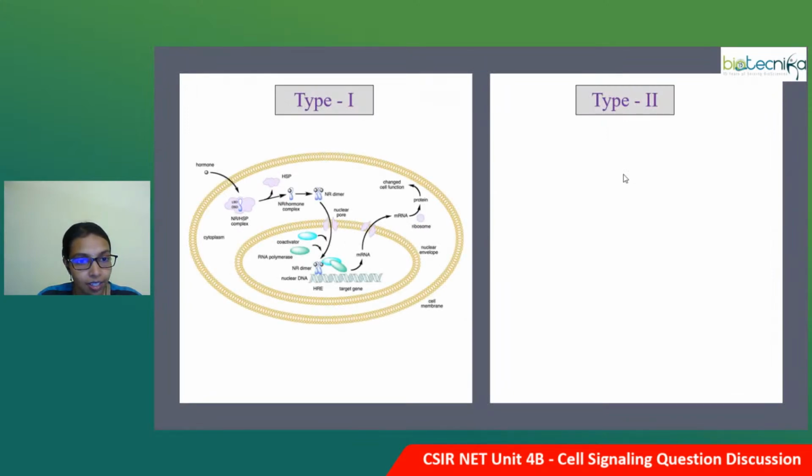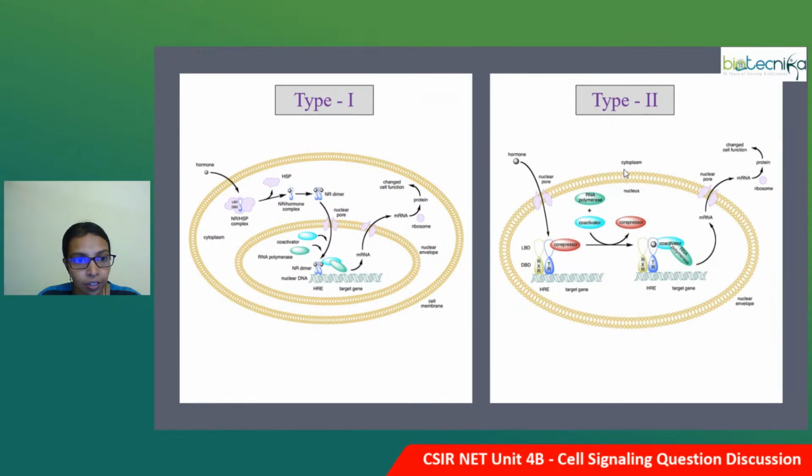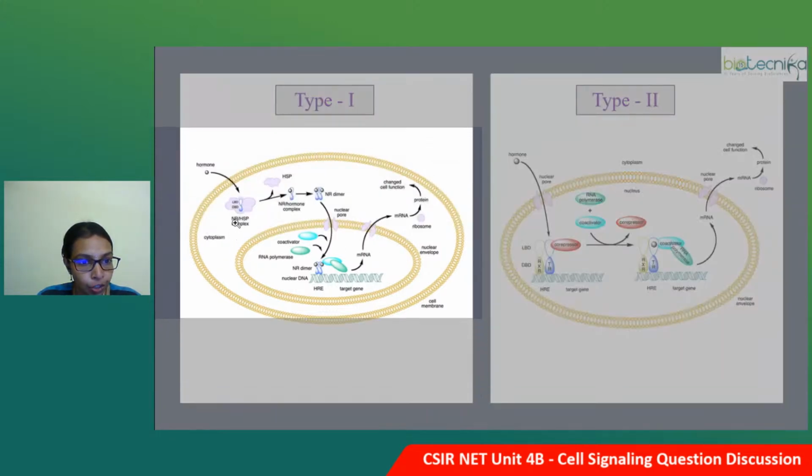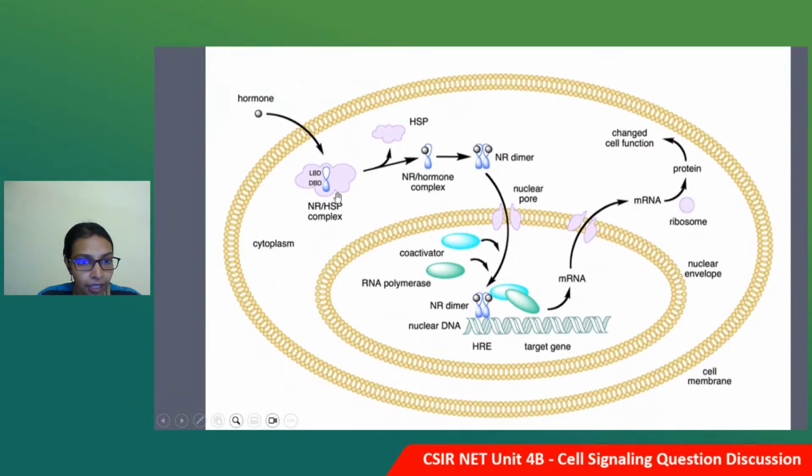Very good. See, this is your type 1 and this is your type 2. So what is the basic difference in terms of signaling? If you look into the image, see, this is your receptor having LBD and DBD.